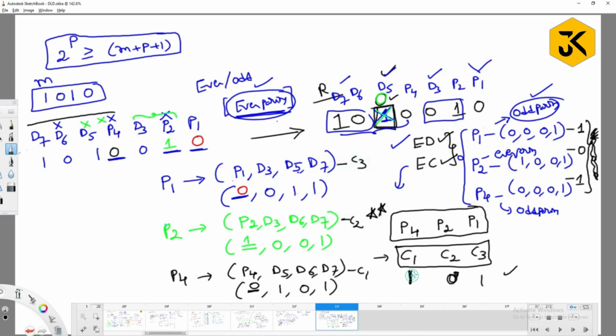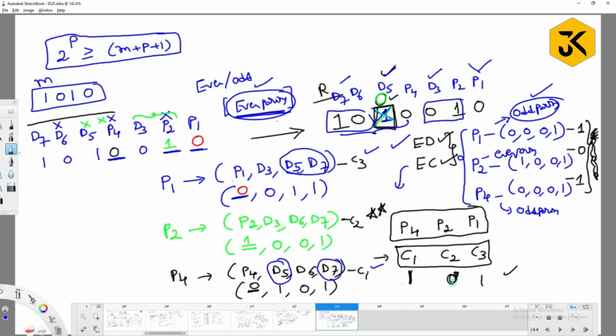When both C1 and C3 are ones, I take the intersection of C1 and C3. What is the intersection of C1 and C3? The common things are D5 and D7.